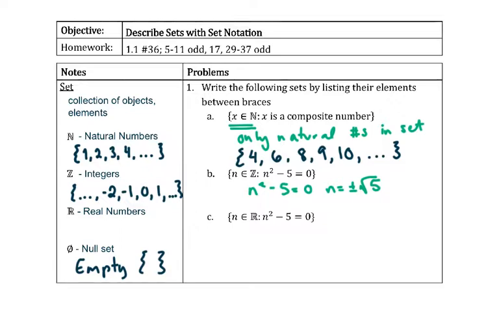Now, neither the positive nor the negative root of 5 are integers, so this set B is the null set, right? There's nothing in it because there aren't any integers that satisfy this equation. On the other hand, negative and positive root 5 are real numbers, so for C, we list them out in order. First the negative from smallest to largest, and then the positive root 5. So that set has 2 elements in it.